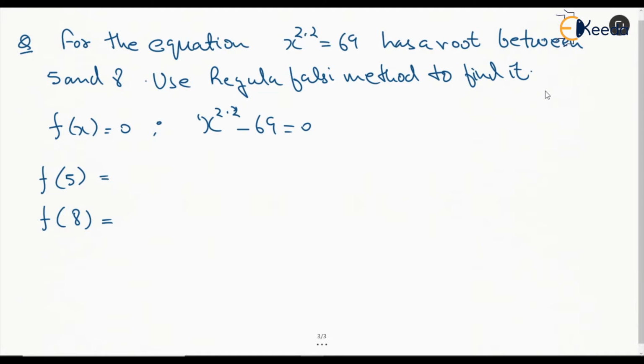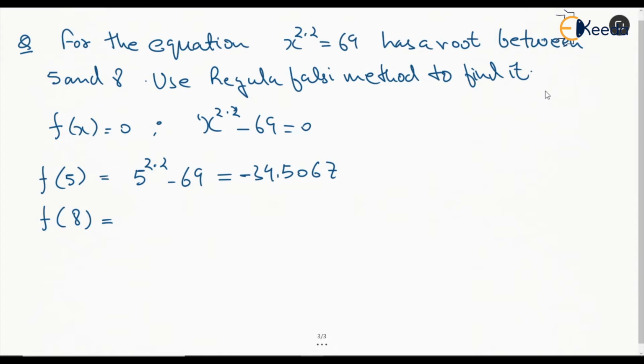This is going to be 5 to the power of 2.2 minus 69, which is definitely negative, and it is minus 34.05067. We'll take up to 4 decimal places.